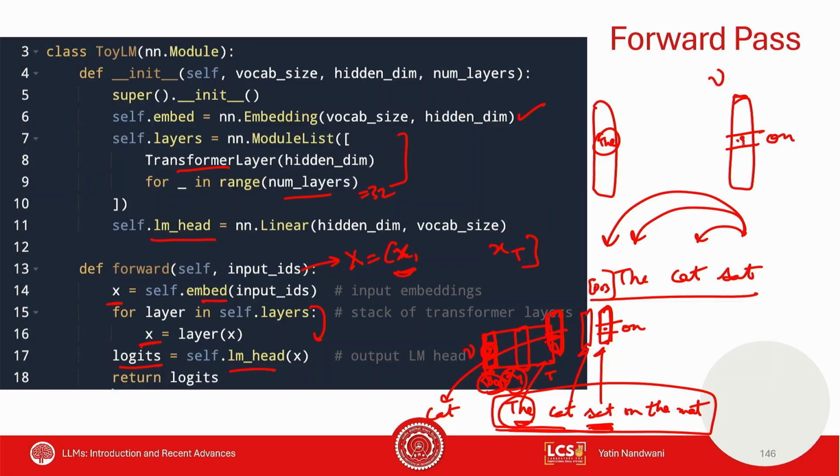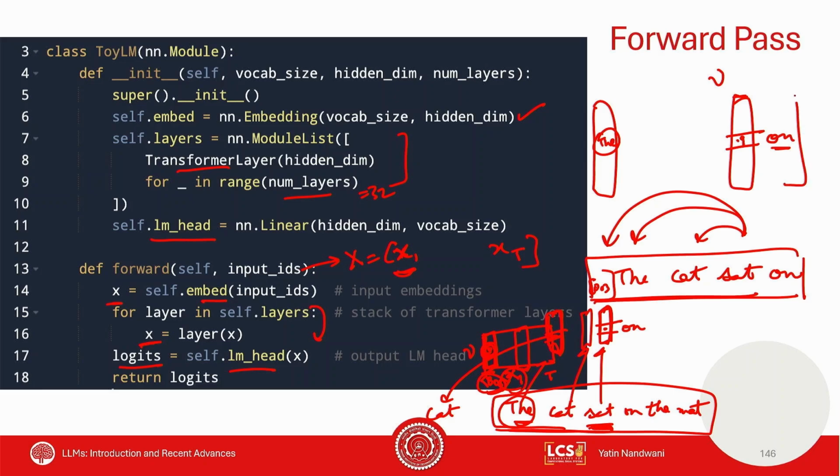And how do we use this model for generation? We say, okay, this is the highest probability token, let's pick that, and this becomes my next token. So my sentence now becomes the cat sat on. Now how do I get the next token? I can pass this sentence through the model as well.